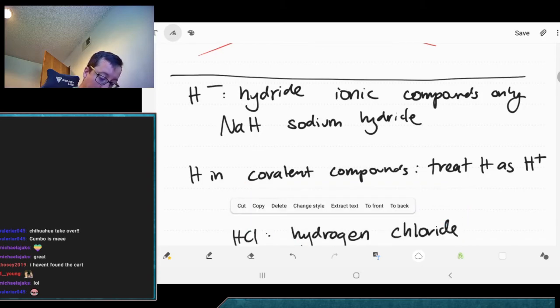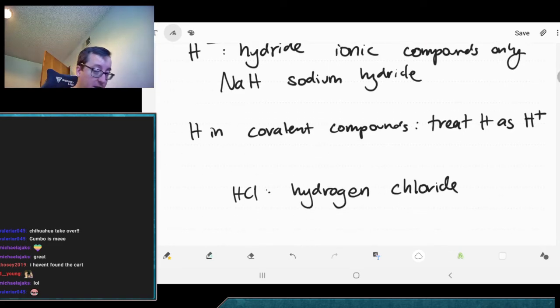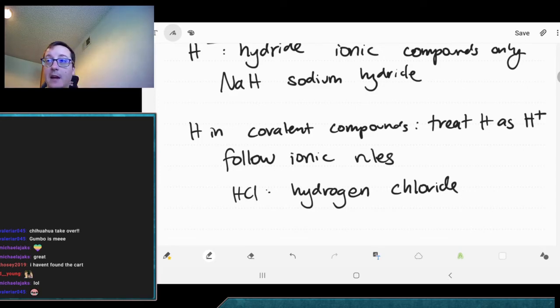So, even though they're both nonmetals, hydrogen is a nonmetal. It's a gas, right? It doesn't have the properties of metals. Hydrogen is actually weird because it does positive things. Hydrogen's strange. But suffice it to say, we follow ionic rules for compounds with hydrogen. So hydrogen chloride.